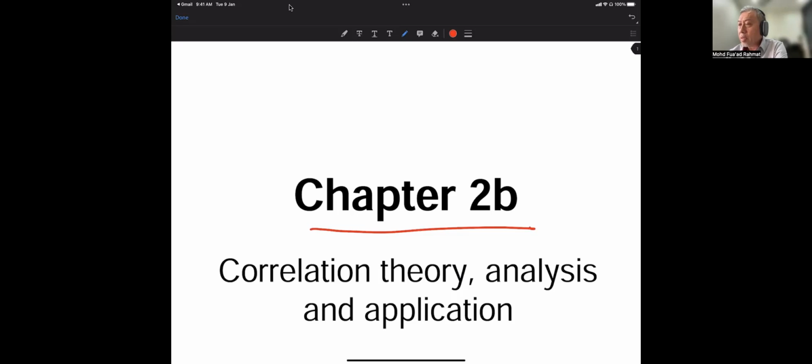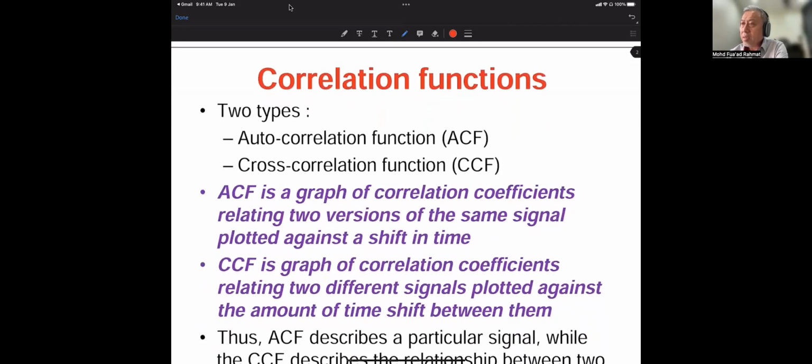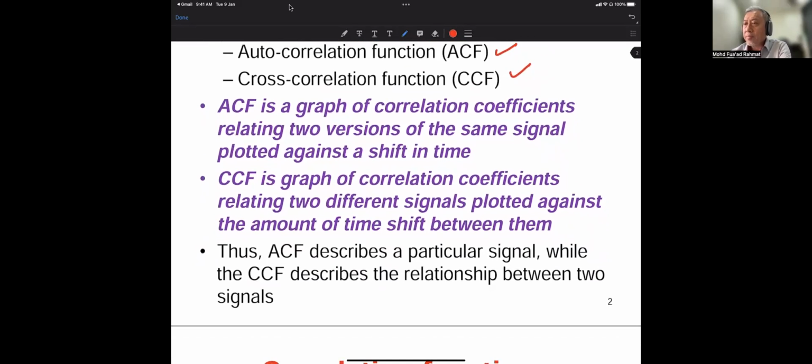The second one is correlation theory, analysis, and applications, which mainly will discuss two types of correlation functions known as the autocorrelation function, or ACF, and the cross correlation function, CCF. So what is ACF and CCF?